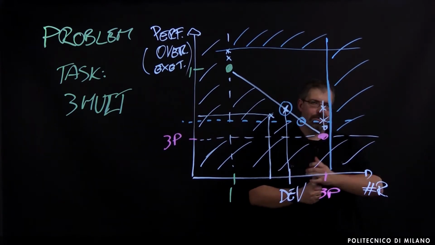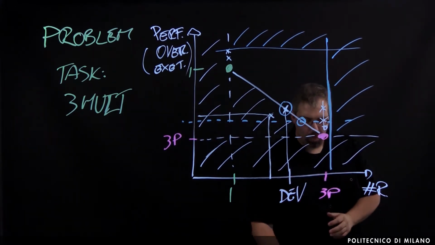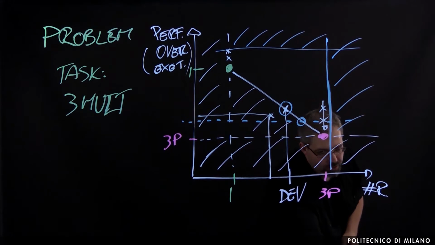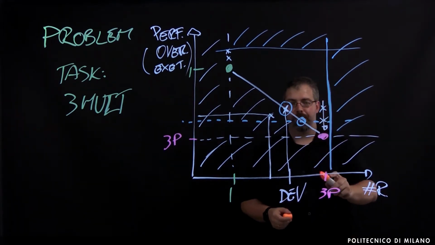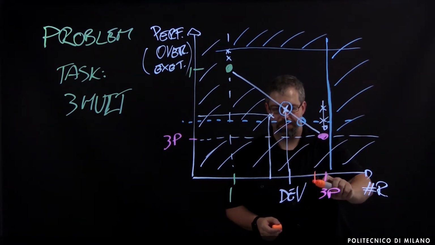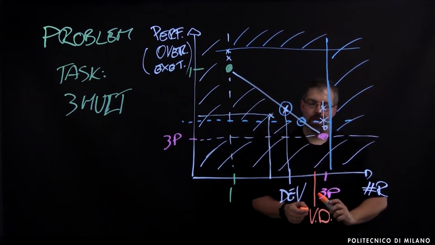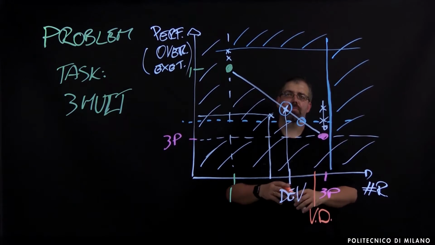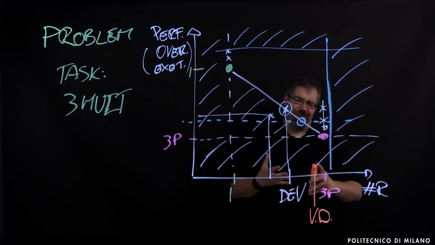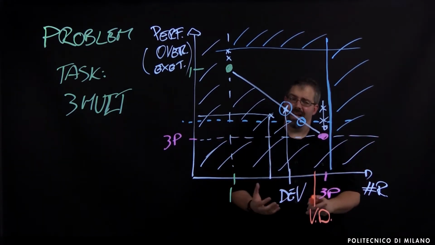That's true, that's totally true, but what if we are going to use a sort of, let's say, virtual device? The virtual device is going to provide us a sort of bigger area that can be exploited.